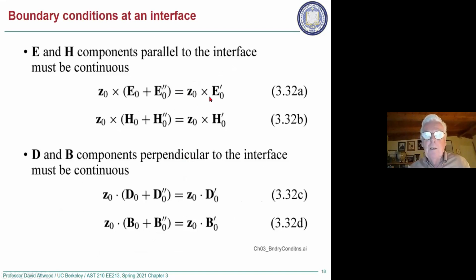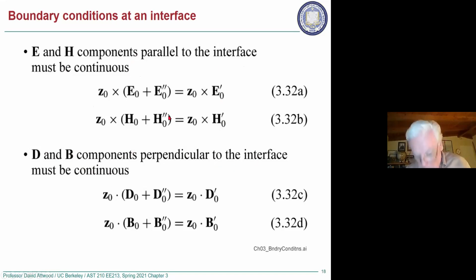So these are the boundary conditions, which are learned from Maxwell's equations, if we spent more time on this. What you learn is that the E and H components parallel to the interface must be continuous, which is mathematically written this way, and the D and B components perpendicular to the interface have to be continuous.